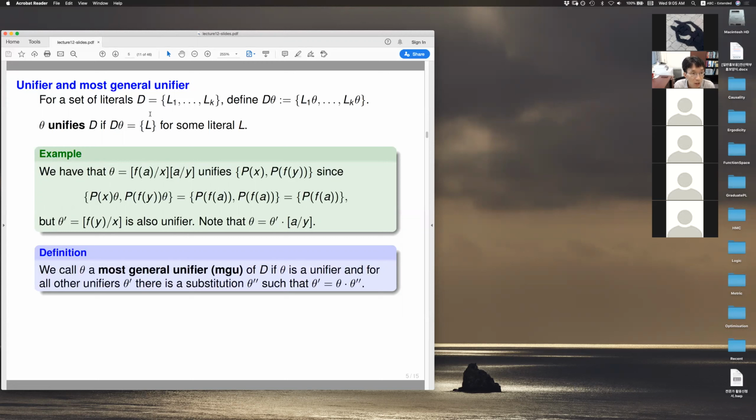For instance, in this case, if we have a formula F and apply a substitution theta, and then apply another substitution theta prime, that's always the same as F with the composed substitution, theta and theta prime, applied.